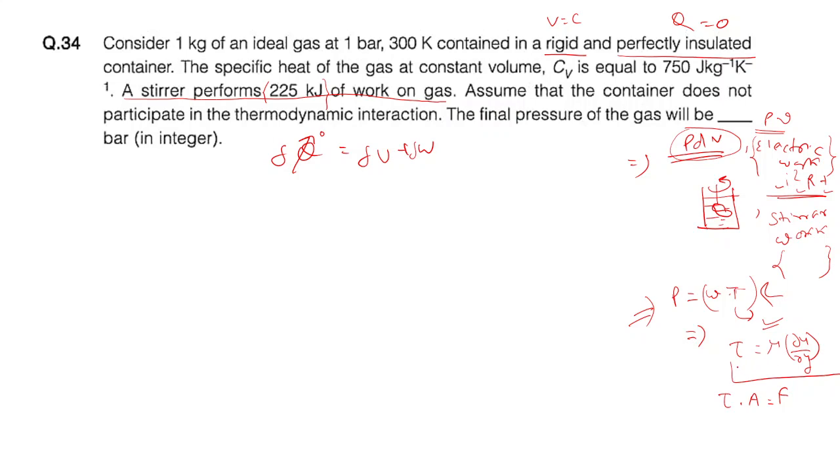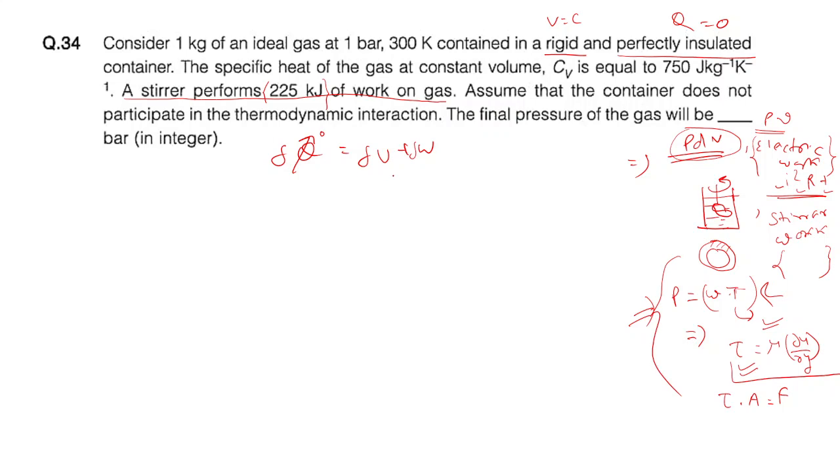If they ask that shear stress is uniform, then simply multiply by area, uniform everywhere. But sometimes variation would be there, so sometimes it is acting on some mid part of the plate, like a strip. Generally we integrate, taking a strip and 2 pi r dr. But here we need not do that, so I just gave some hint for that.